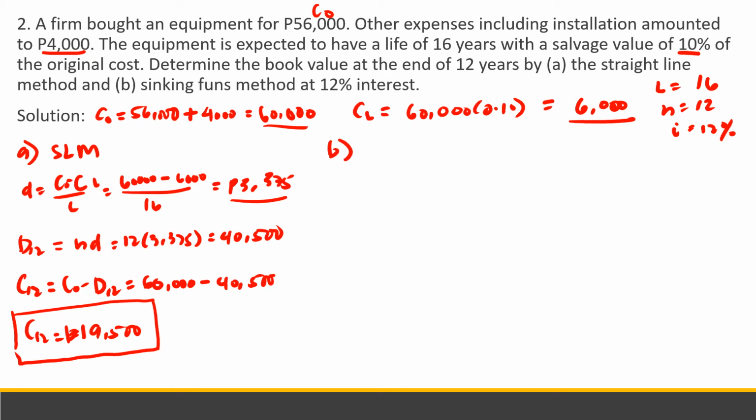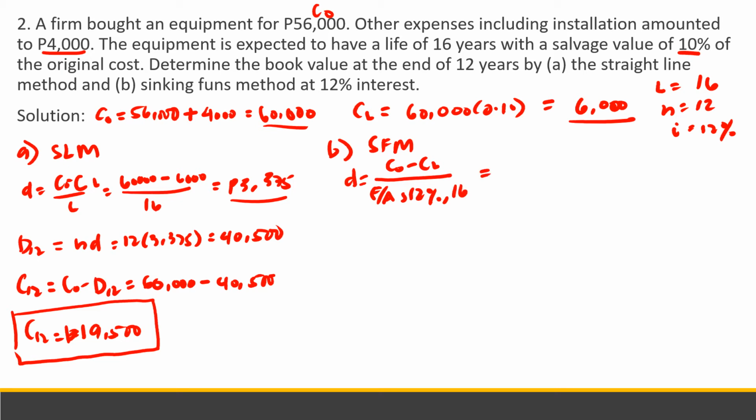Next is the sinking fund method. So first, annual depreciation, CO minus CL over, so that is yung annuity, finding the future amount for 16 years.